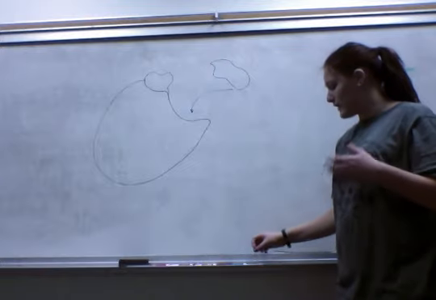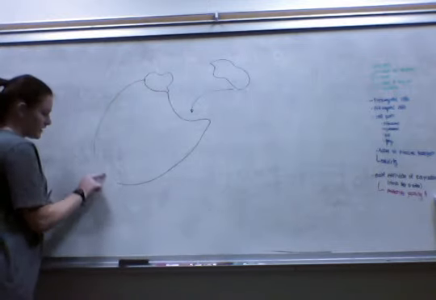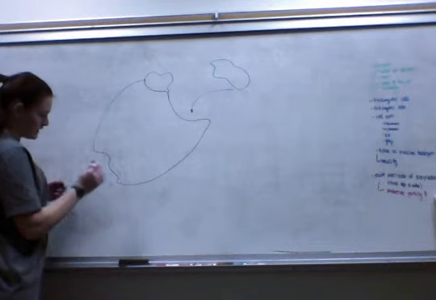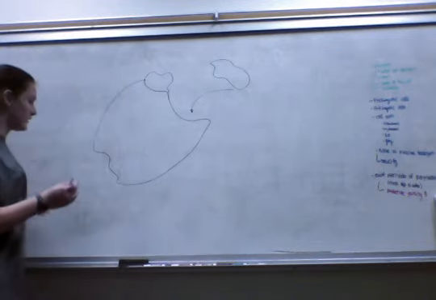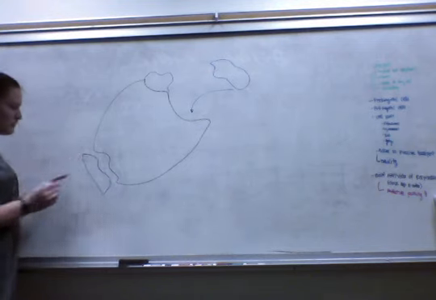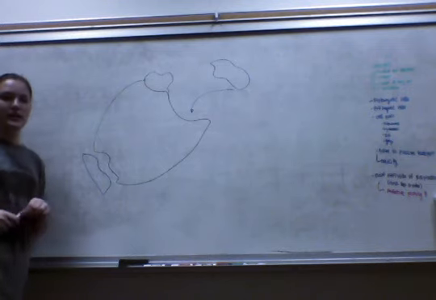However, we also have non-competitive inhibition, where there's another spot over here, and a substrate will come in and bind to this site, which is called the allosteric site.